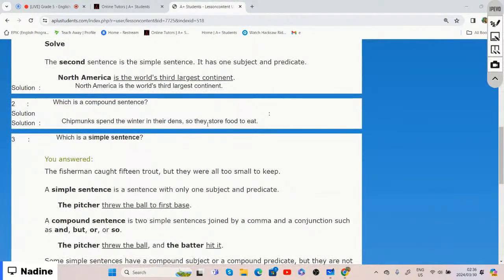We need to look at the sentence. We need to say which is a compound sentence. It says chipmunks spend the winter in their dens, so they store food to eat. Chipmunks spend the winter in their dens, so they store food to eat.